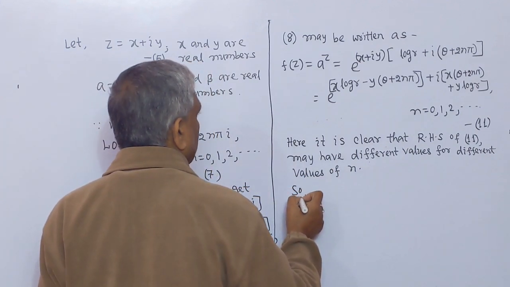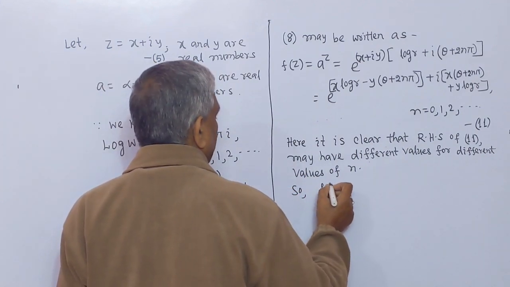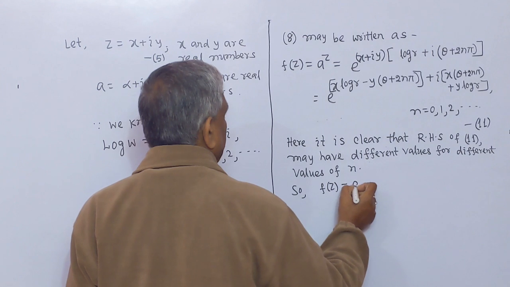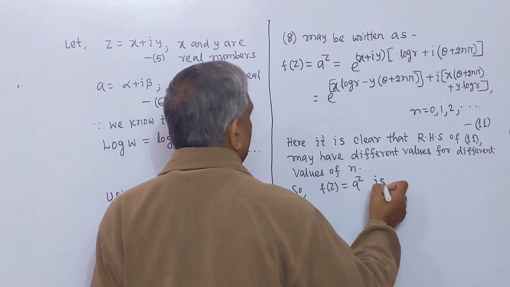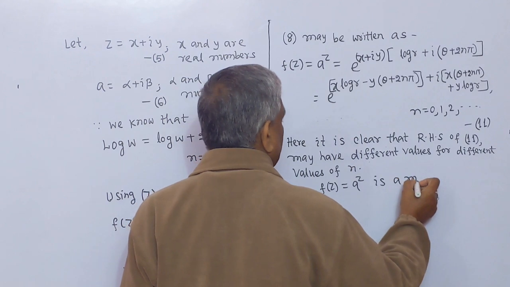So f(z) = a^z is a many valued function.